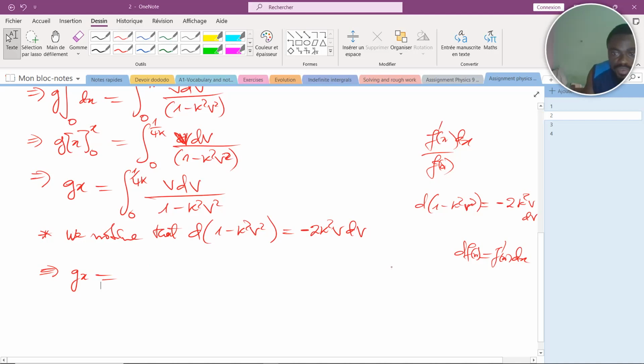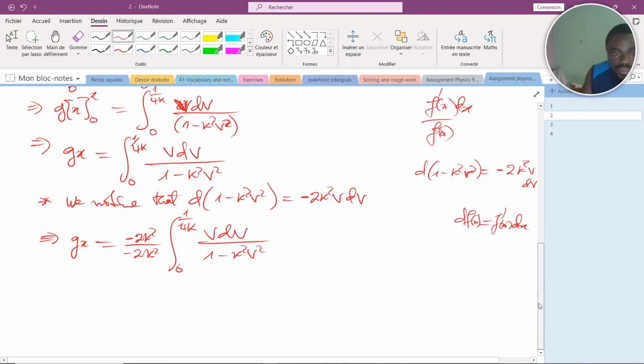Is that okay? So this will become, I'll have minus 2k squared all over minus 2k squared integral from 0 to 1 on 4k v dv all over 1 minus k square v square. Is that okay? So I'll bring this one inside.